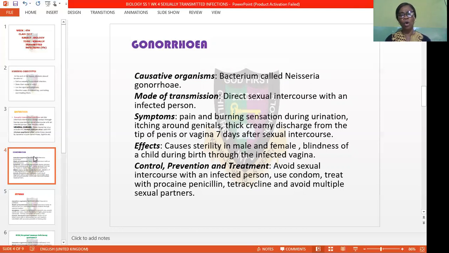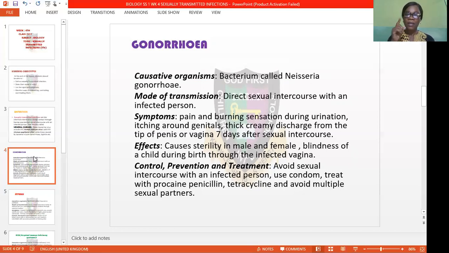How do we now control and prevent gonorrhea? One, you must avoid sexual intercourse or a relationship with an infected person, which you might not know because it's not written on the forehead. So the best way to prevent it is don't have sexual intercourse or don't have multiple partners.